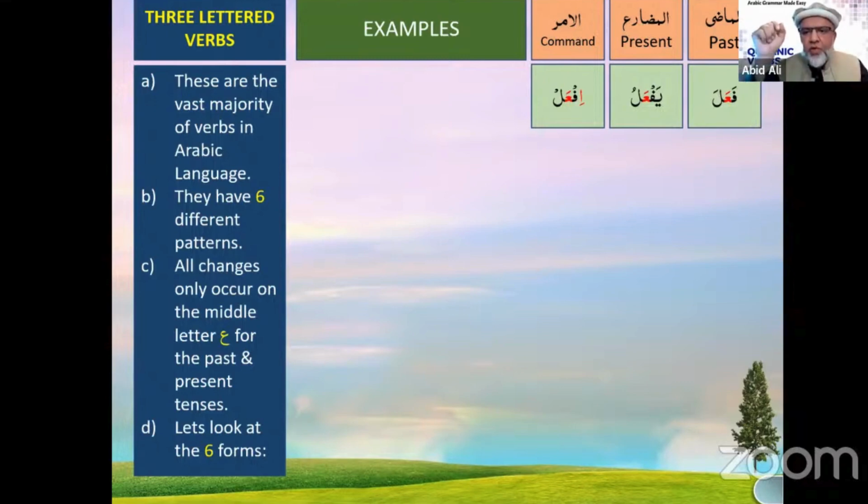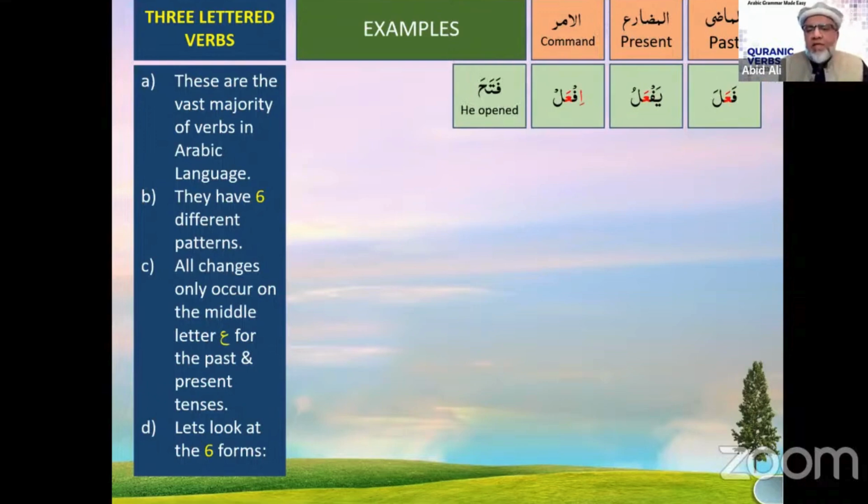So if you want to give a command to somebody, do, you're going to say if'al. And in the next session, I'm going to teach you how do we make these commands. So today, just get acquainted with them. And the next session, inshallah, I'll teach you the method. How do you derive the commands from the fi'l?